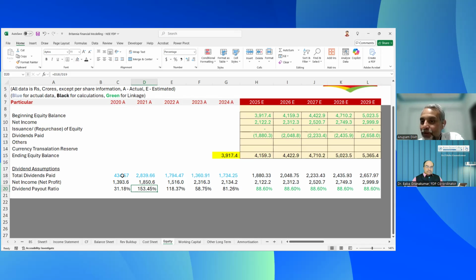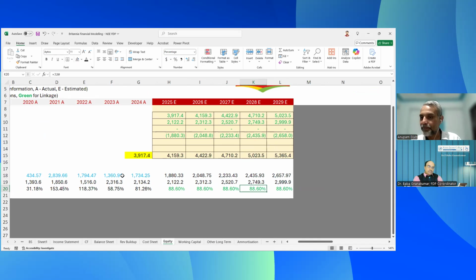In fact, it was performing better, right? So in this year, they made better profits, and they therefore had a very high dividend payout ratio. So we have not taken it out. We have taken the average of these 5 years, which comes to 88%. We have calculated that 88% as a dividend payout, and we have fixed that 88% for all future years for the next 5 years.